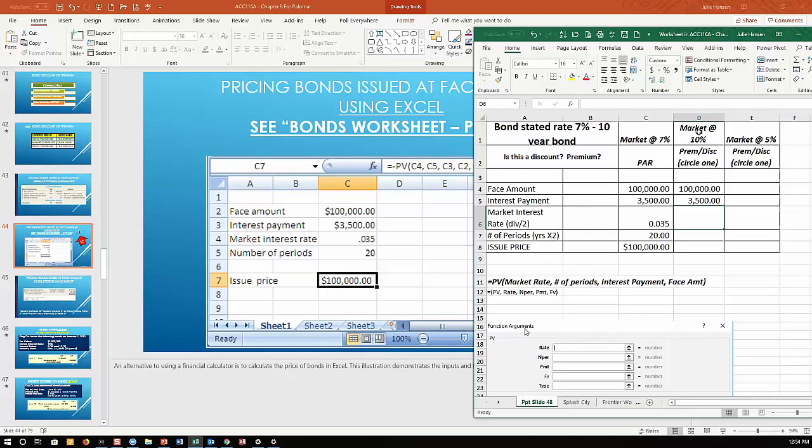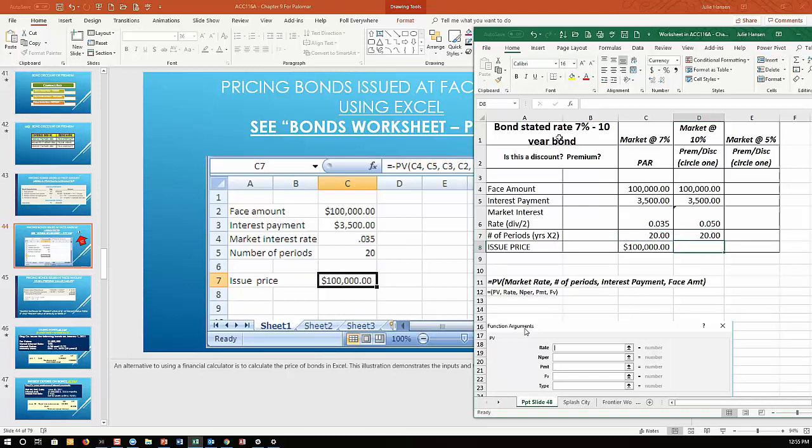So here I've told you that the market is actually at 10%. Remember, my bonds are only paying 7%. So what's going to happen? What's the market interest rate? It's 0.10, and then I'm going to divide that by 2. Why am I dividing that by 2? Because I pay it every 6 months. How many periods? Again, it's still 20 periods.